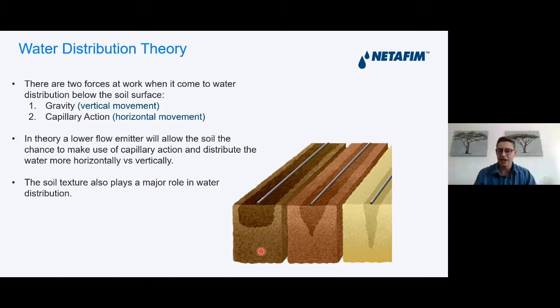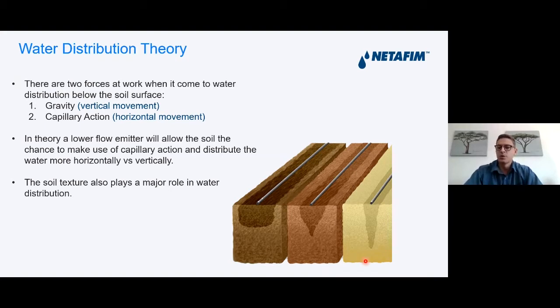This is where the capillary action again is the preferential force in the soil because of all the micropores that we find between clay particles. In the middle, we will find a nice loamy soil, I would say somewhere between 15 to 25% clay. And this is when we see what we call a 1-to-1 width to depth ratio of wetting, a very nice wetted pattern.